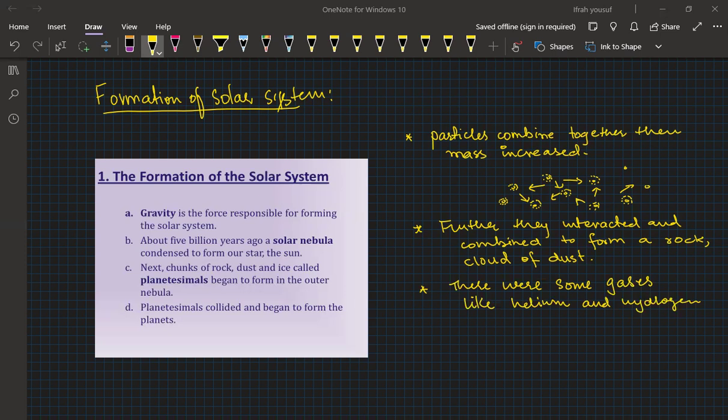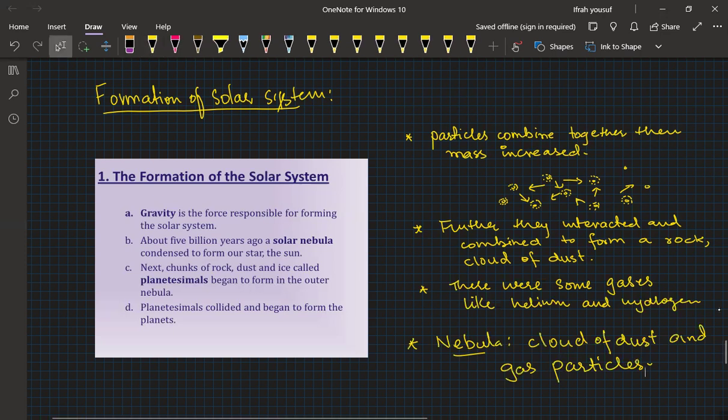And what was a nebula? A nebula is a cloud of dust and gas particles, right?